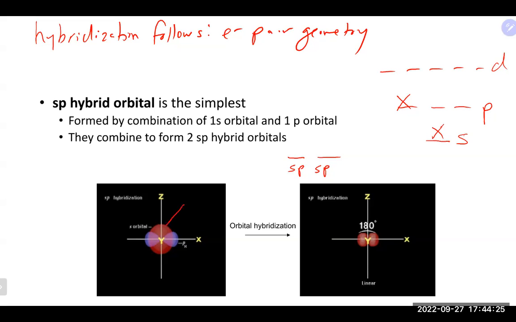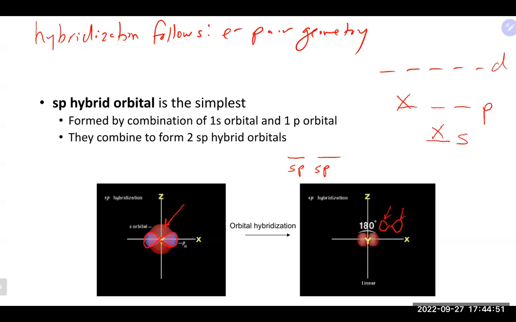Here you can see the s orbital. There's our p orbital coming through there, our px orbital. When they come out, badly drawn here, but kidney shaped, if you will, they make these hybrid orbitals. There are 2 hybrid orbitals, and it has a bond angle of 180 degrees.